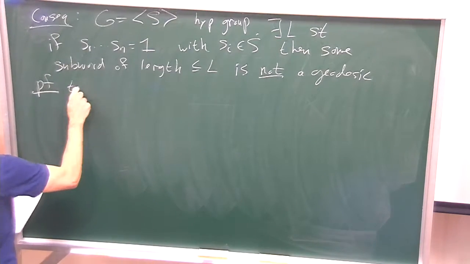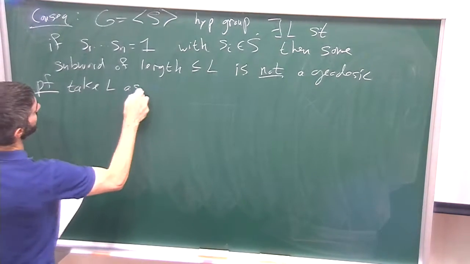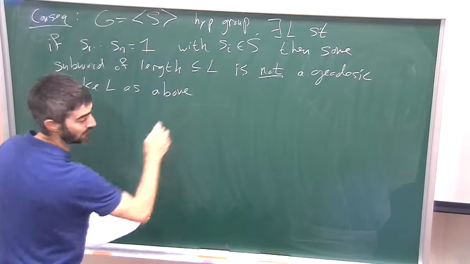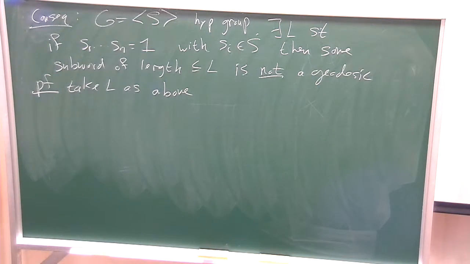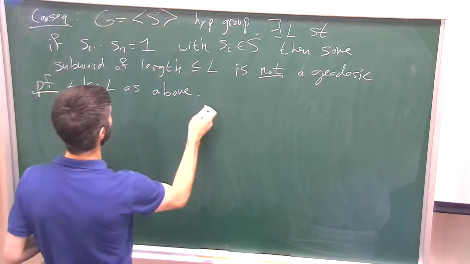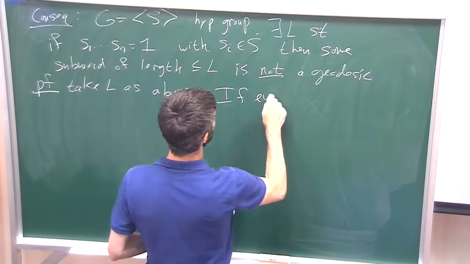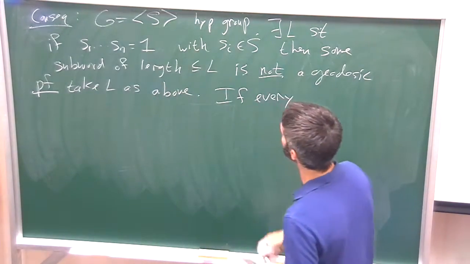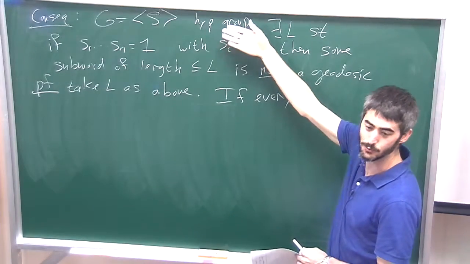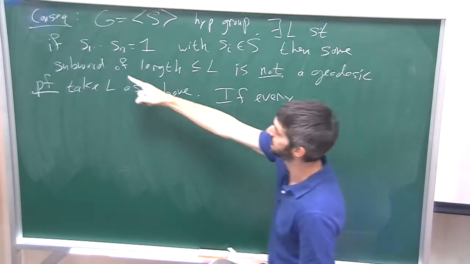Just take L as above in our proof from before, the L local quasi-geodesic condition. What does that say? Remember, our geodesic metric space now is just the Cayley graph of this group with this generating set, so this is just some path.